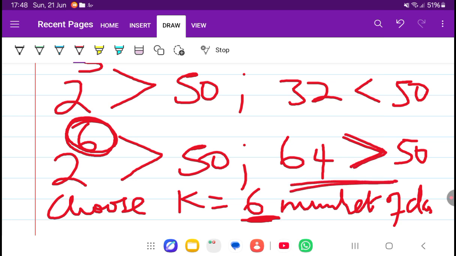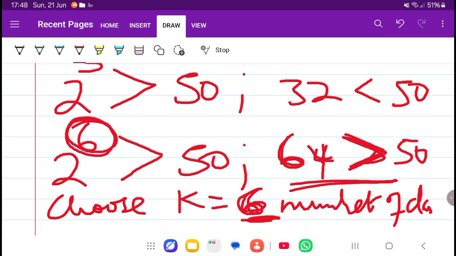The reason why we use a greater sign here is because we want to accommodate all the observations that we have. Remember, we said you can't skip some observation. That's why we are taking 64 to be higher. Because if 6 classes gives you 64, it means that 64 observations can go in 6 classes.